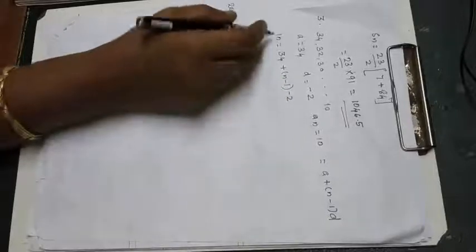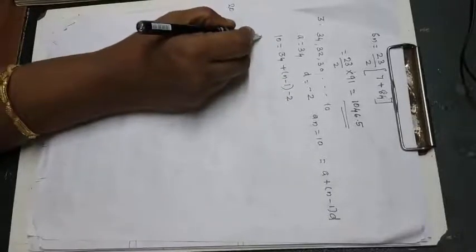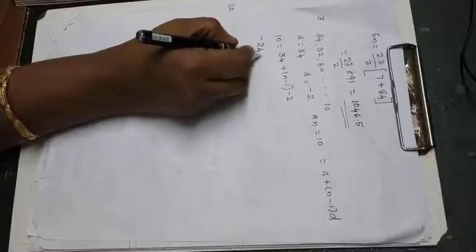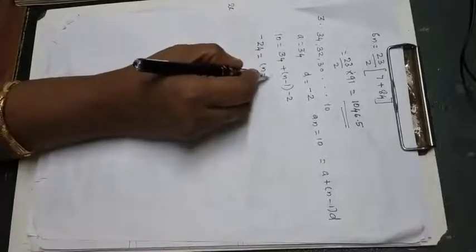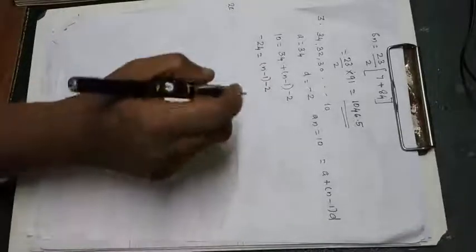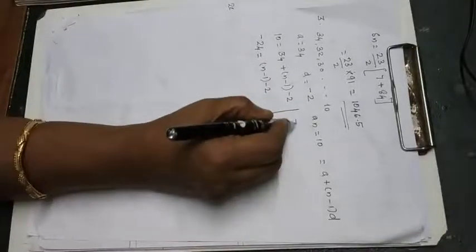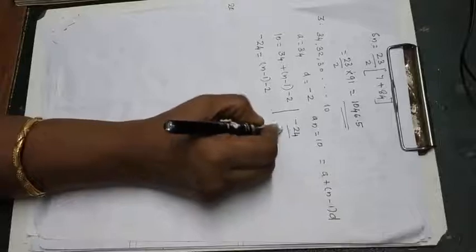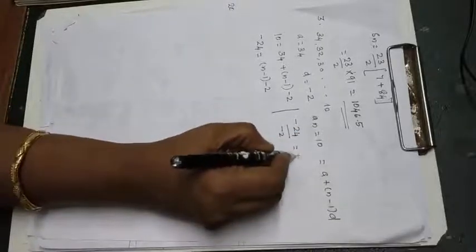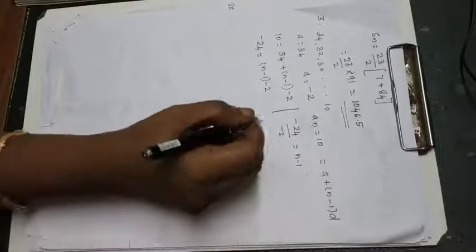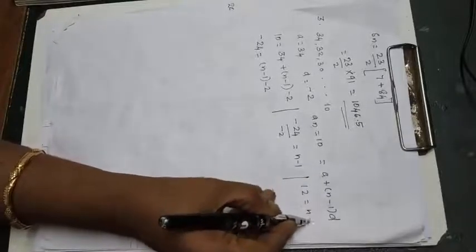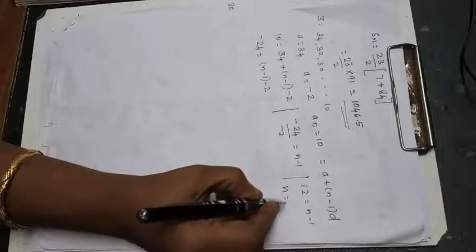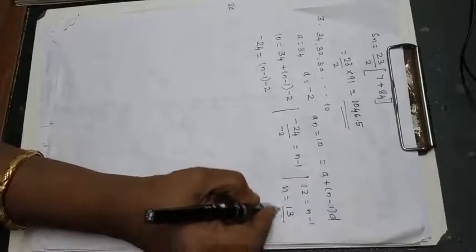So 10 minus 34, that is negative 24, will be equal to N minus 1 into negative 2, or negative 24 by negative 2 is equal to N minus 1, or that is equal to 12. 12 is equal to N minus 1, or N is equal to 12 plus 1, that is equal to 13.